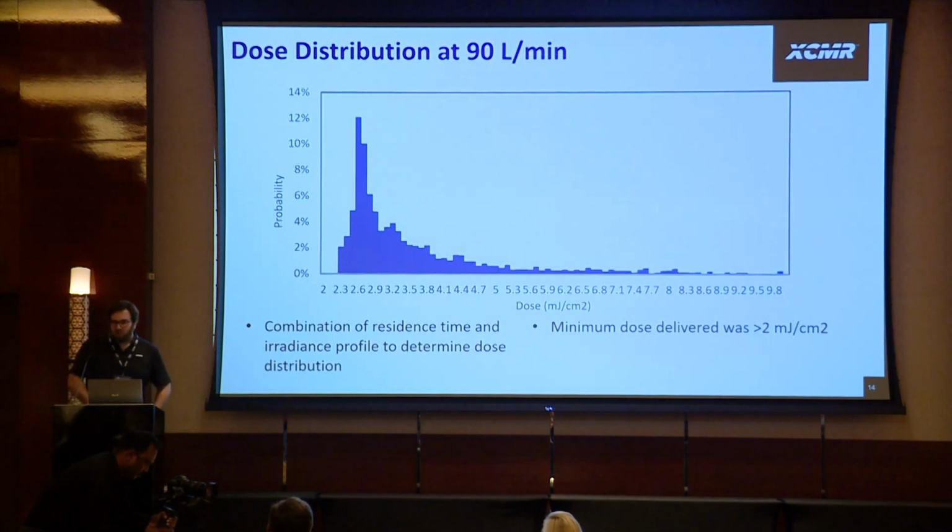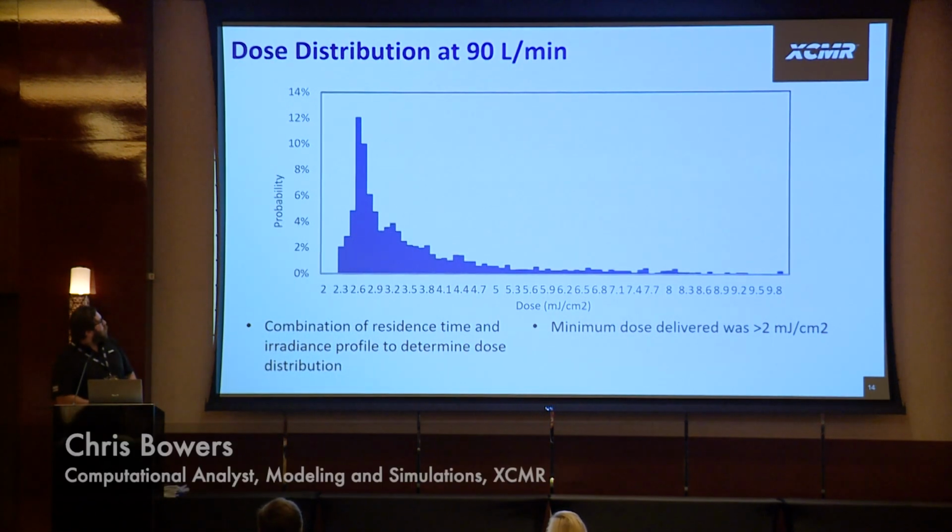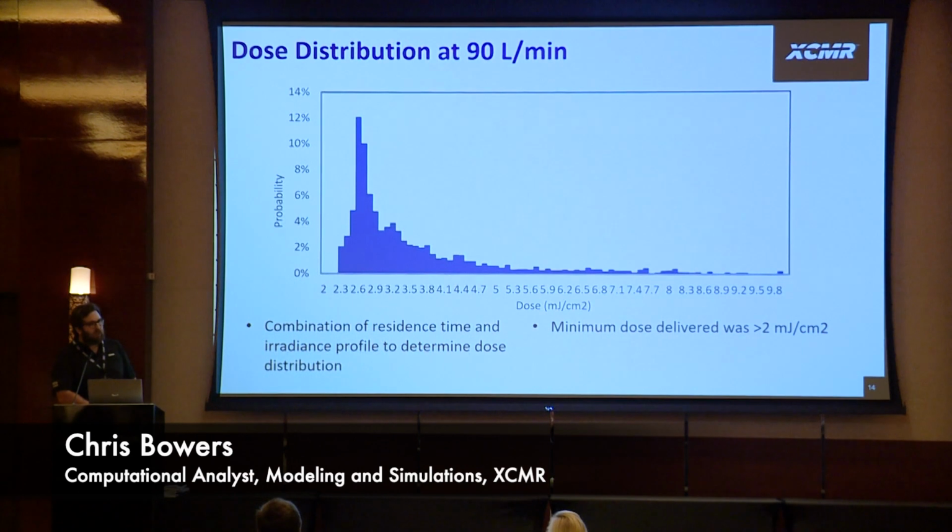Are these distributions normal distributions or log normal? Can you elaborate a little on your observations of that? I don't believe that this is a normal distribution, although I think it would probably be a log normal distribution.